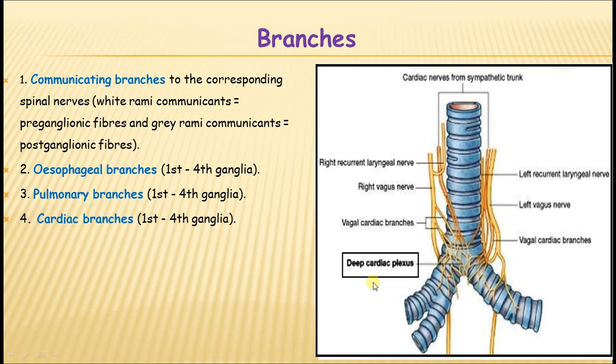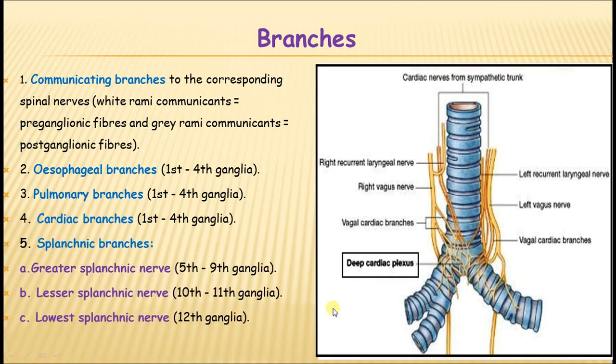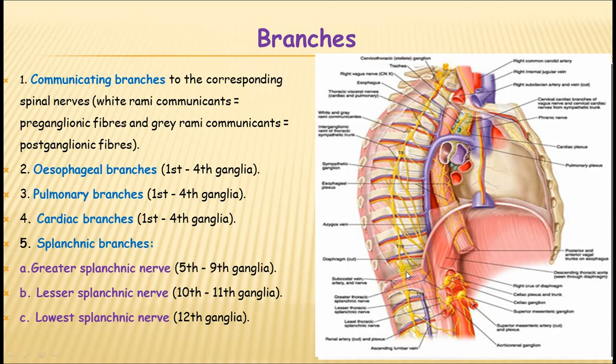through its cardiac branches. Then the medial branches of the sympathetic trunk, here you are able to see the branches arising medially, are called the greater splanchnic, lesser splanchnic and least splanchnic nerves.